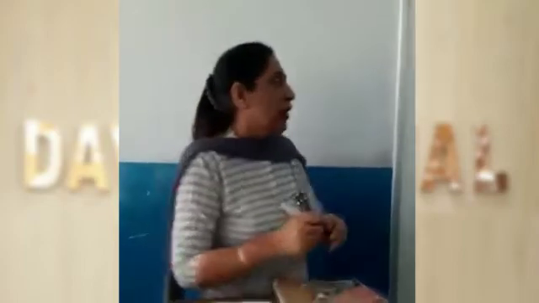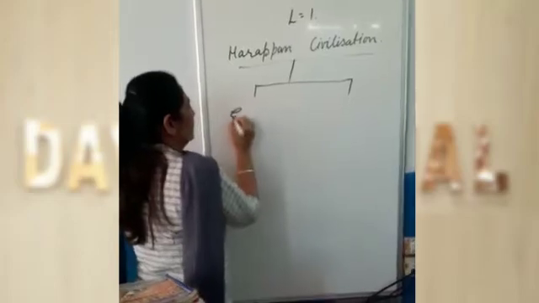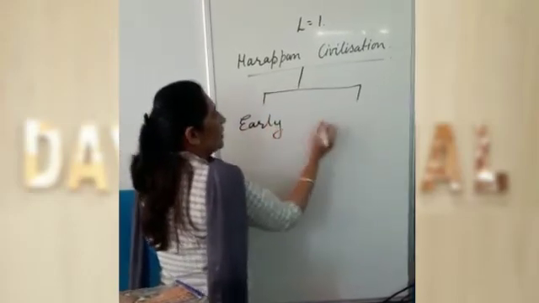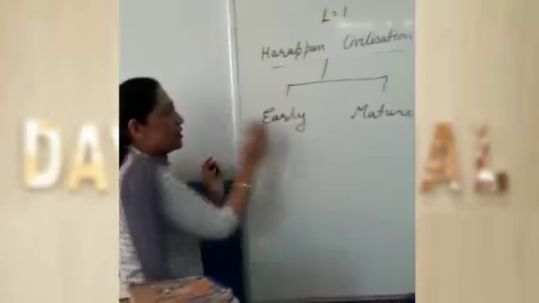We divide the Harappan civilization into two parts: early and mature. Early Harappan civilization and the mature Harappan civilization. First of all I want to tell you about the features of the Harappan civilization.